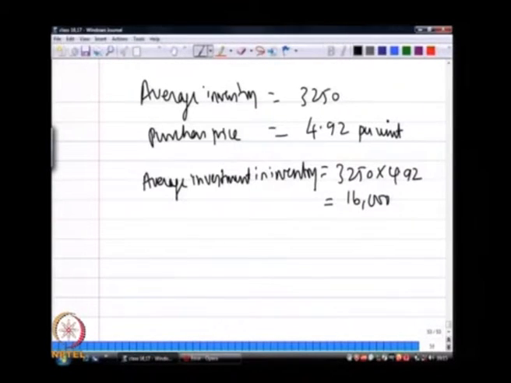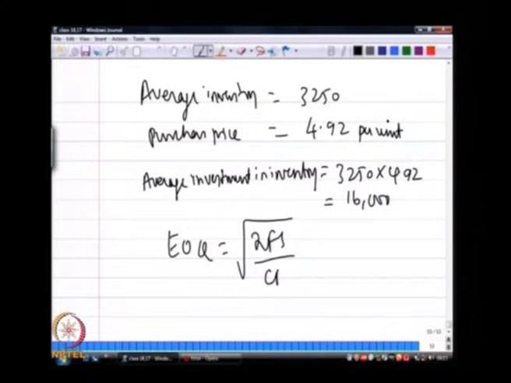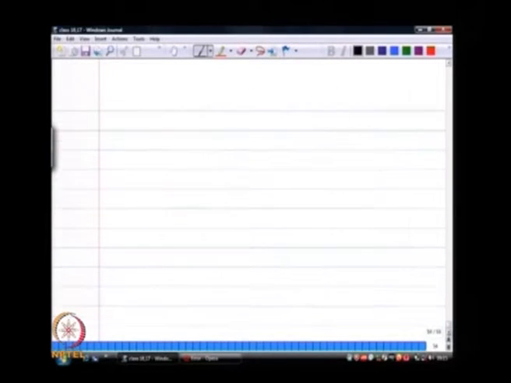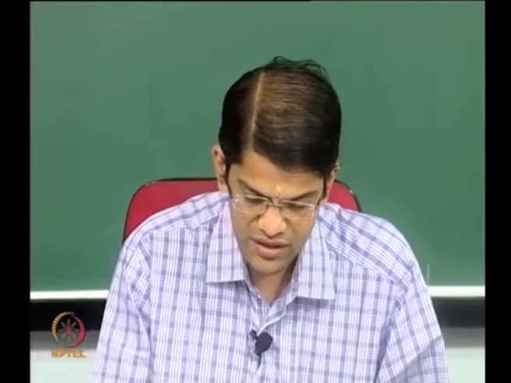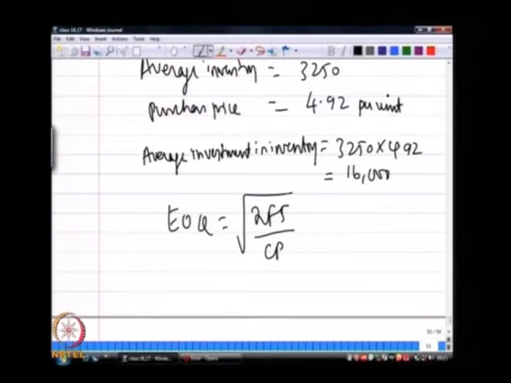Now, you should also notice one more relationship. The EOQ is the square root of 2Fs by Cp. So, we will understand that a given increase in sales will result in a less than proportionate increase in inventories, because the relationship between the EOQ and sales is not directly linear, but a square root relationship.